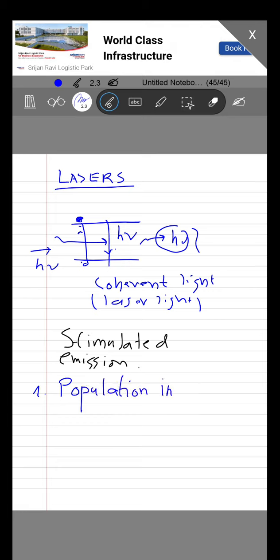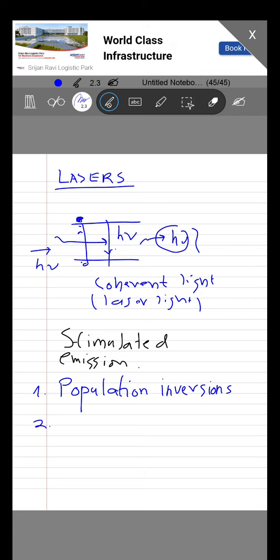Population inversion means that the number of electrons or atoms is more at the high level. Usually it's the opposite, since atoms are unstable in the excited state and tend to be in the lower level, but in this case the distribution is inverted. That is why it is called population inversion.